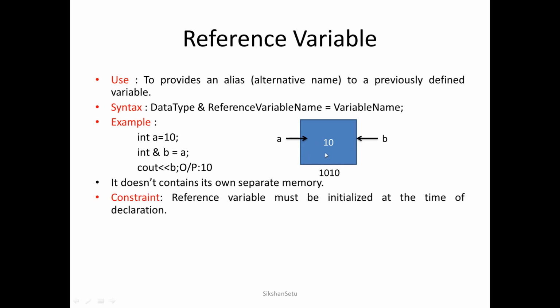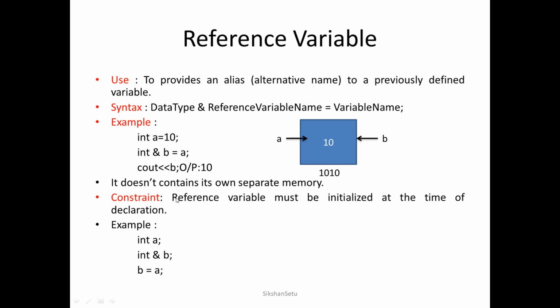Now there is a constraint: a reference variable must be initialized at the time of declaration. That means here you can see this is the declaration part and this is the initialization part. We cannot separate declaration and initialization as per the rule.